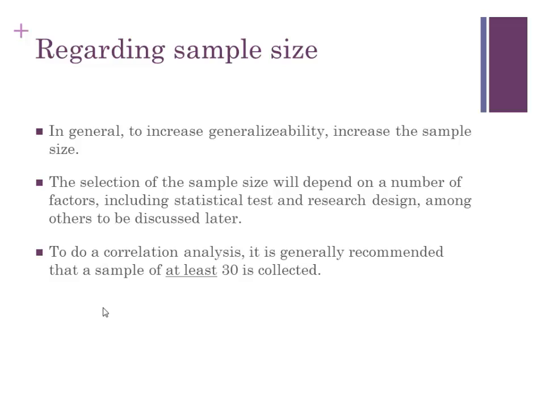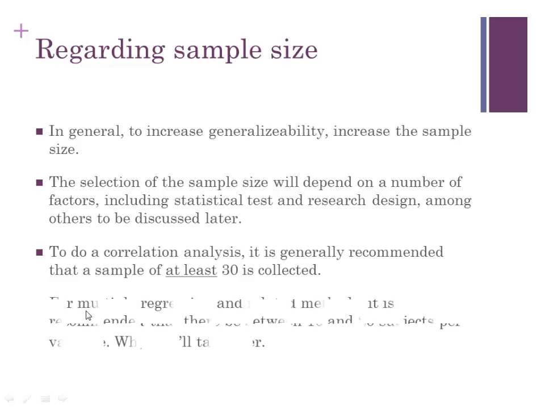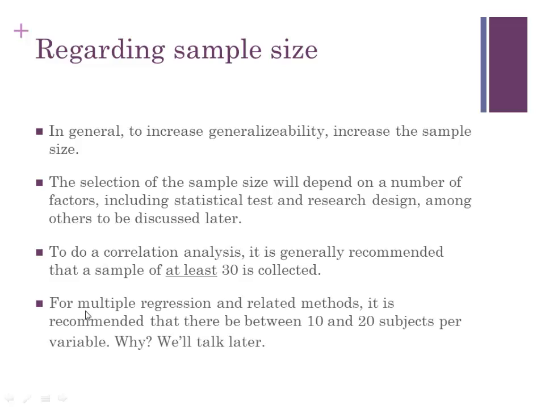To do a correlation analysis, for example, it's generally recommended that you have a sample of at least 30 participants. For multiple regression analysis and other methods that are similar, it is recommended that there be between 10 and 20 subjects per variable, per independent variable. And the reason for that we'll talk about later.